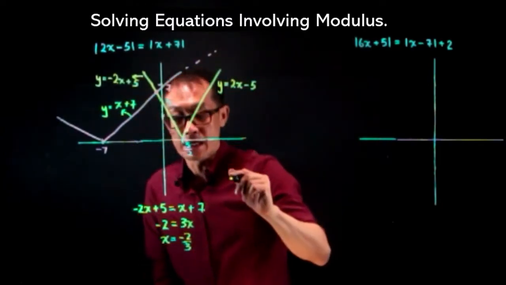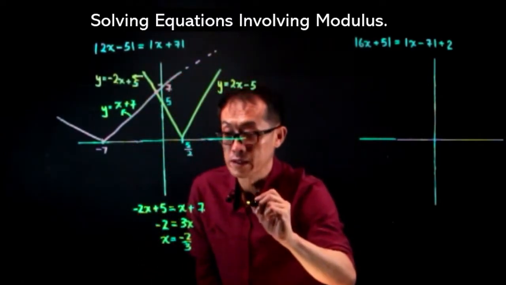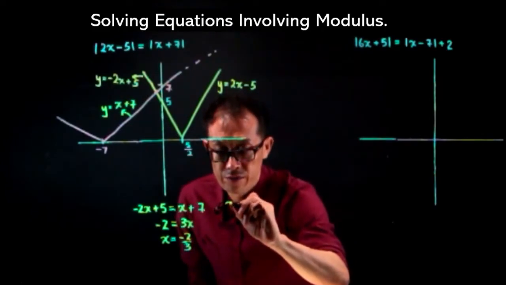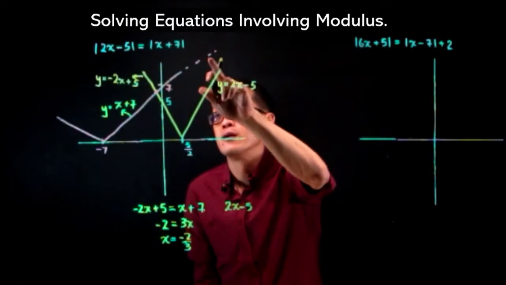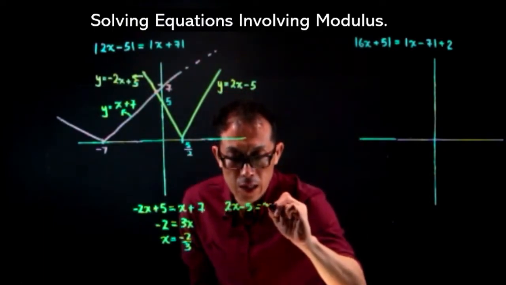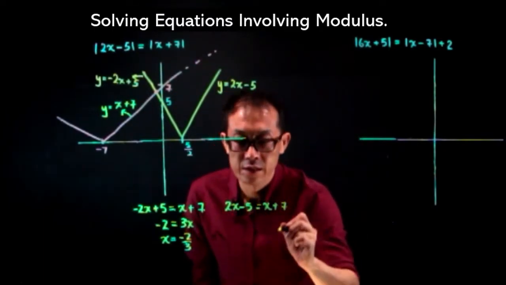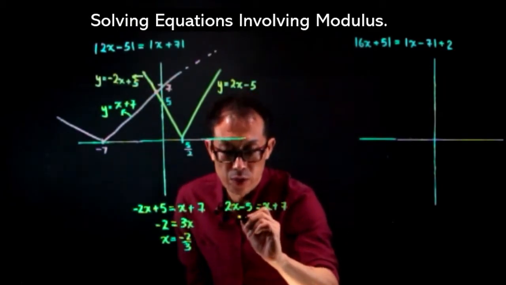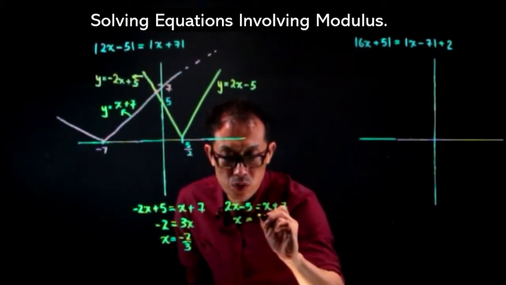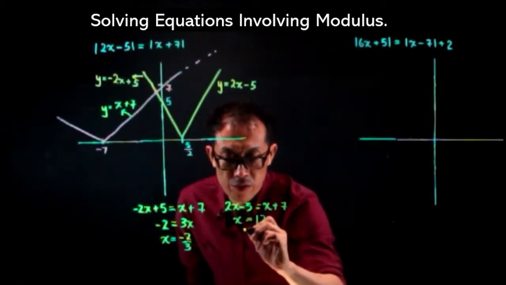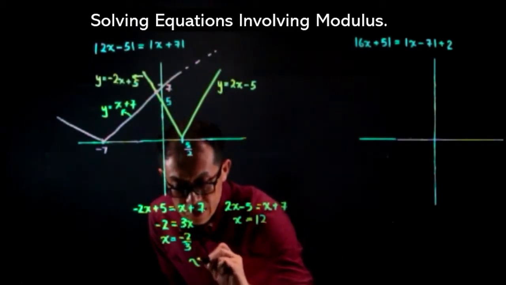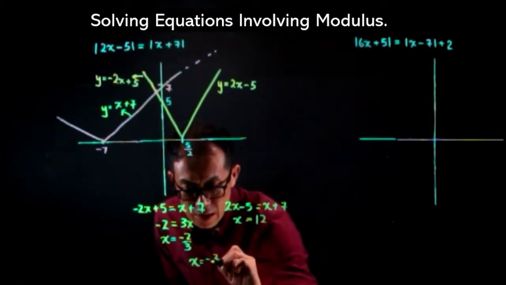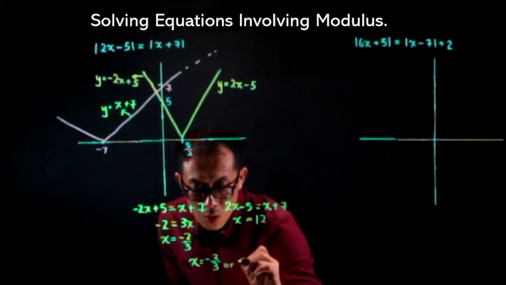Now this line is x plus 7 and this is 2x minus 5. So you have 2x minus 5 equals x plus 7. Then you have x equals 12. So you have 2 answers. So your final answer is x equals minus 2/3 or 12.